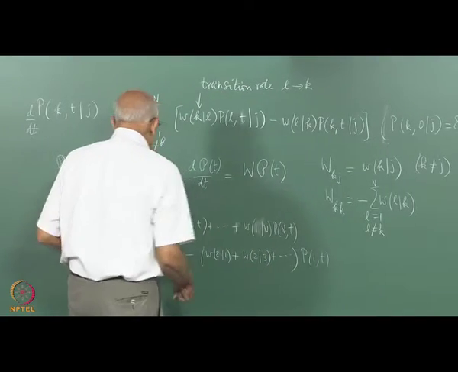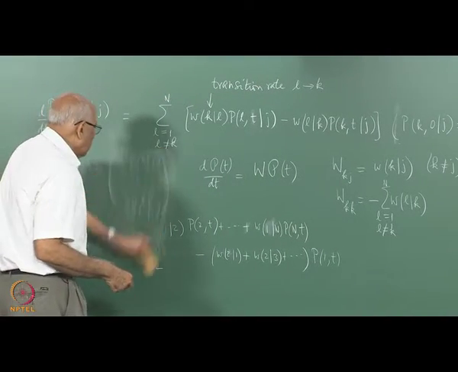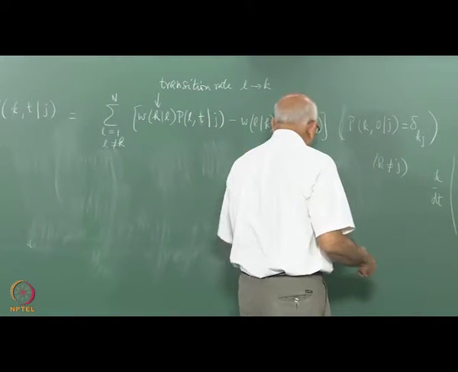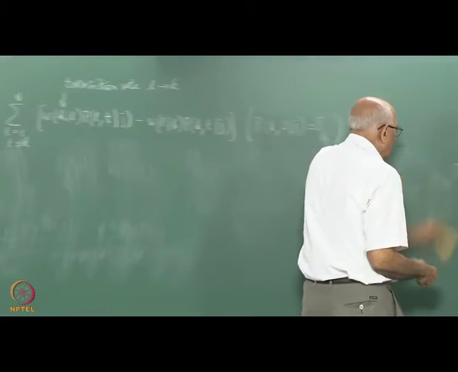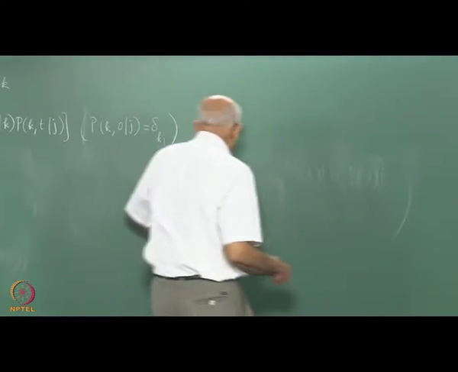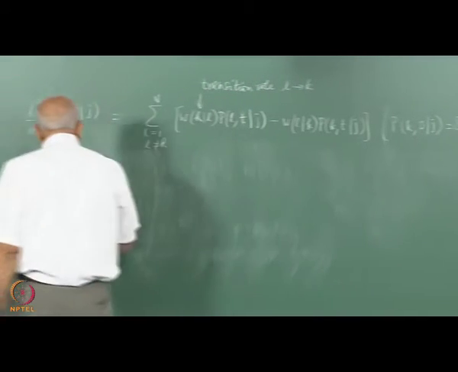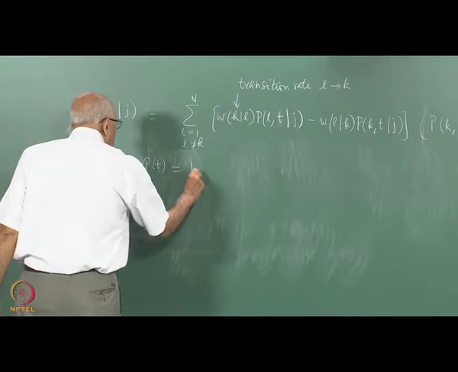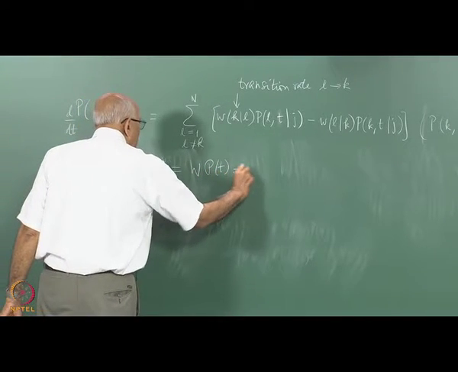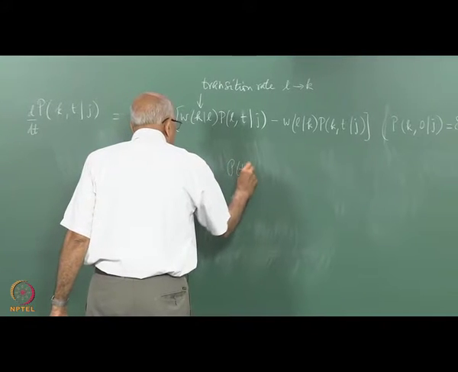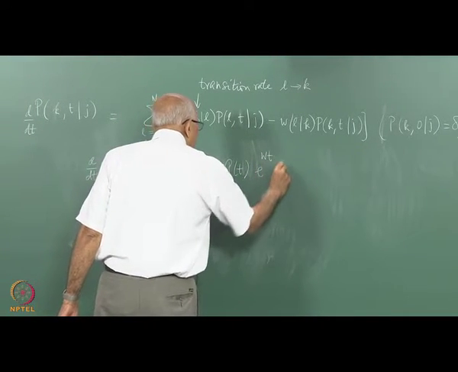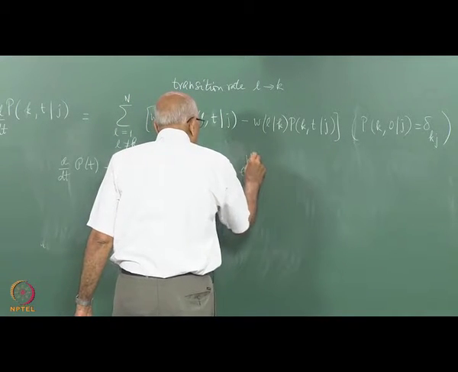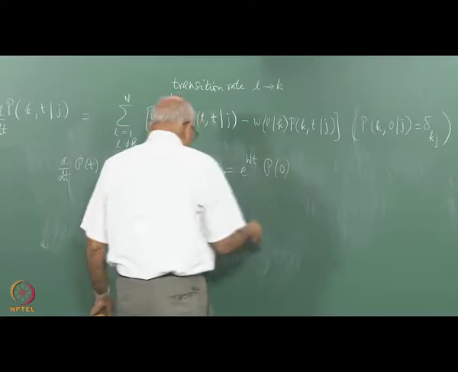Okay, so we have this W matrix, and then we wrote down a formal solution to it. And that was just the exponential of this matrix W. So we had d over dt P of t equal to W times P of t, and this implied that P of t was e to the Wt times P of 0, whatever that is.